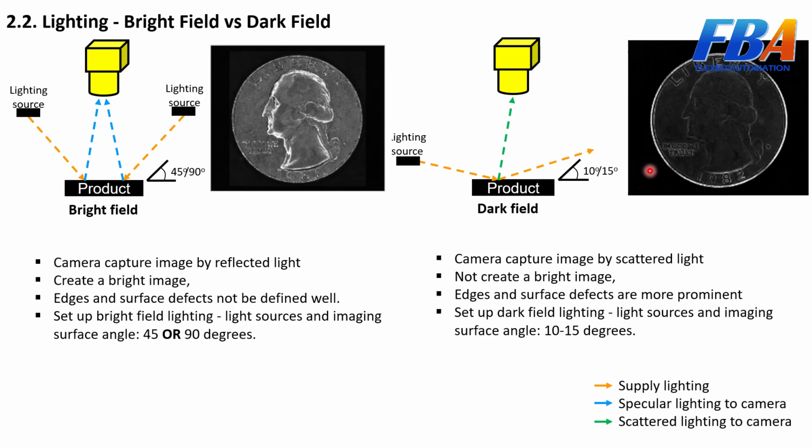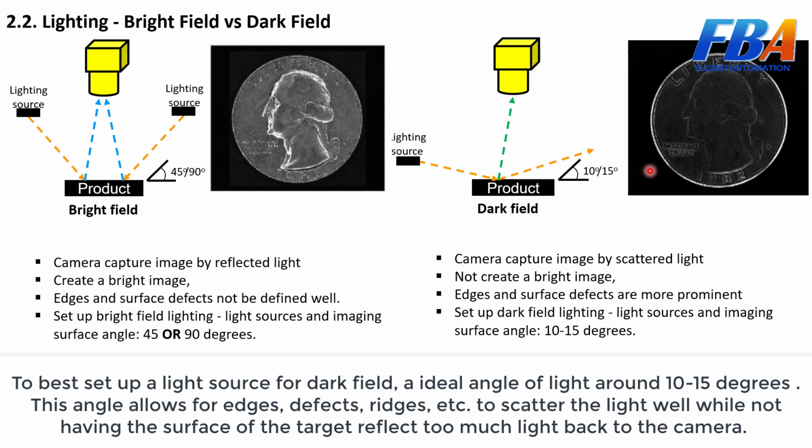To best set up a light source for dark field, an ideal angle of light is around 10 to 15 degrees. This angle allows edges, defects, risers, etc. to scatter the light well, while not having the surface of the target reflect too much light back to the camera.